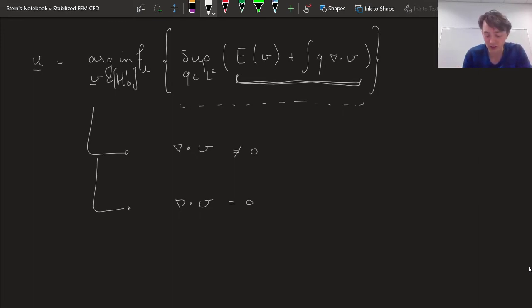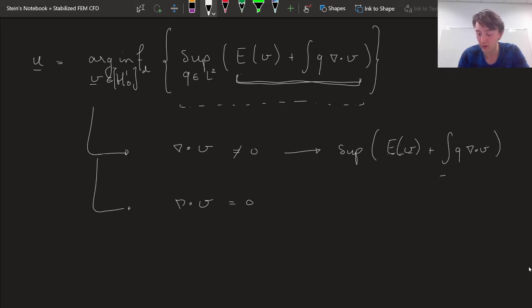So for all cases where the divergence of v is not equal to 0, the supremum of, well, I'll write this out, E of v plus the integral of q times the divergence of v is going to be equal to infinity. This is going to be infinitely large because I can always choose q to be equal to c times the divergence of v.